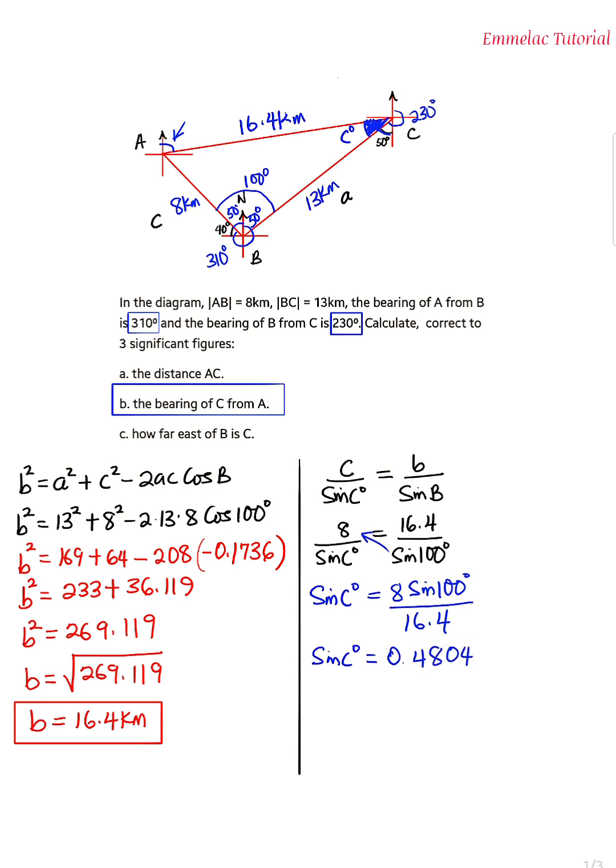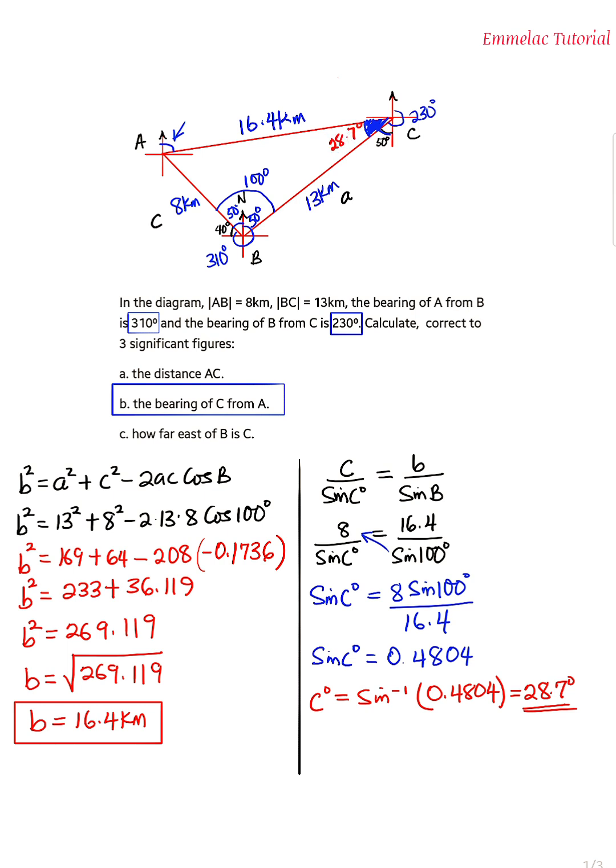So all we need to do now is to find the inverse angle of this value, which gives us that C equals sine inverse of 0.4804, which by my calculator is giving me 28.7 degrees. Take note, to 3 significant figures. So this is the value here.